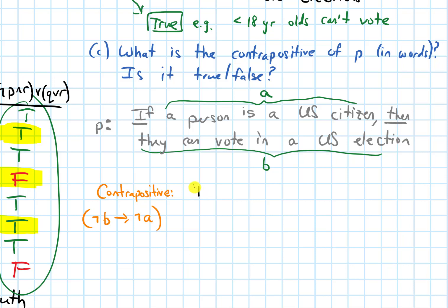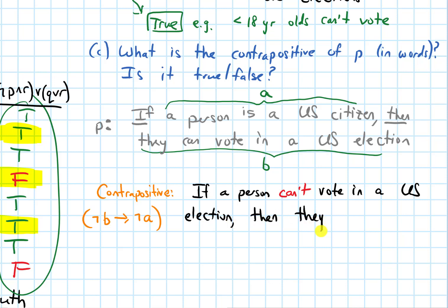In words, that would be: if a person can't vote in a US election, then I negate the first part, so they are not a US citizen.